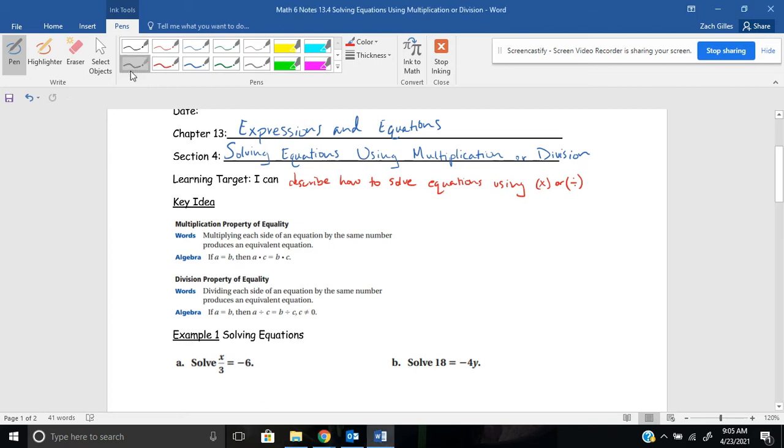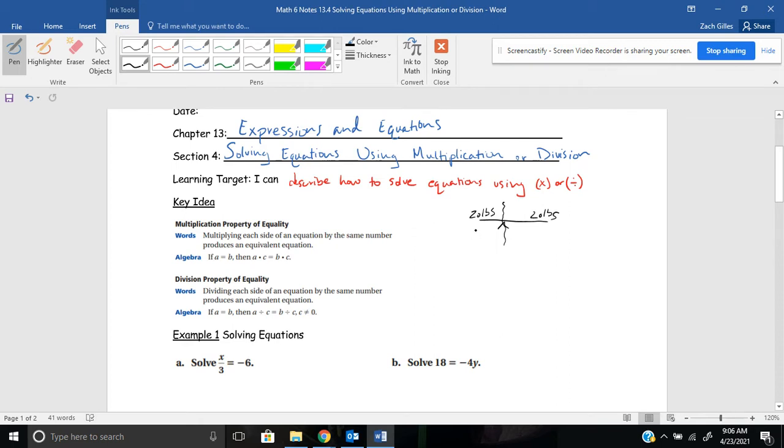It's kind of like that idea we've been talking a lot about, like a balance beam, right? Whatever you do to one side, if you put 20 pounds on this side, you have to put another 20 pounds on this side so that it's level.